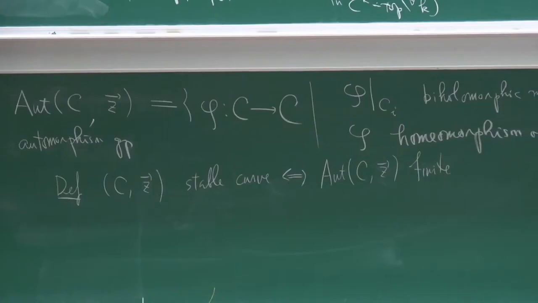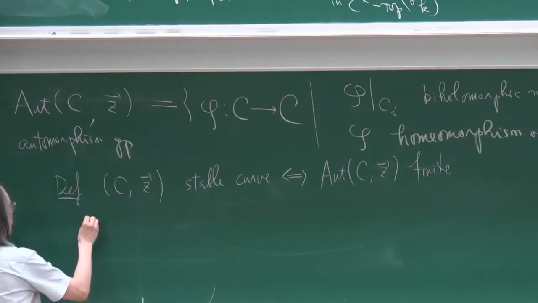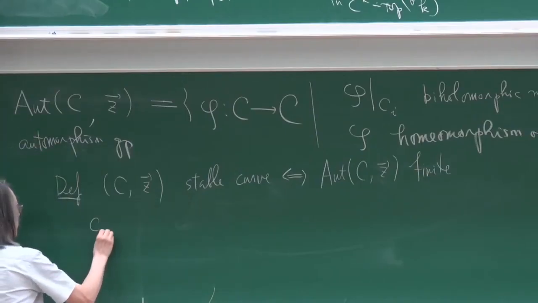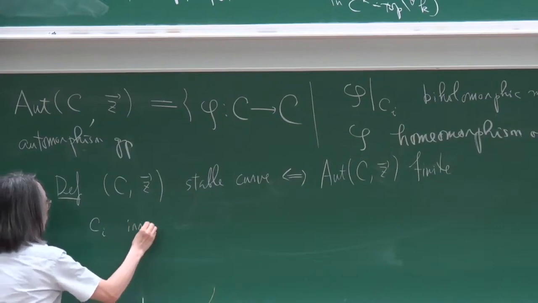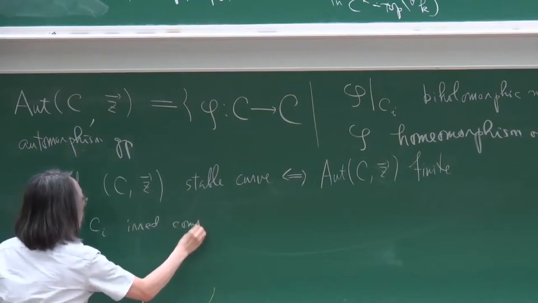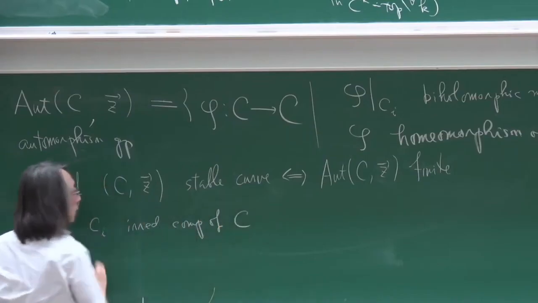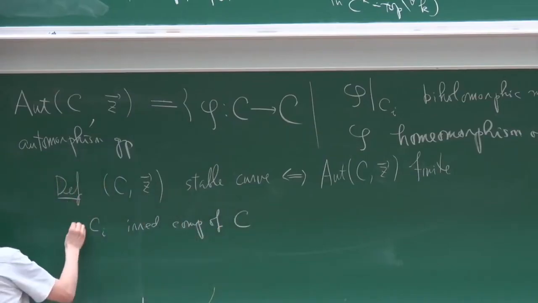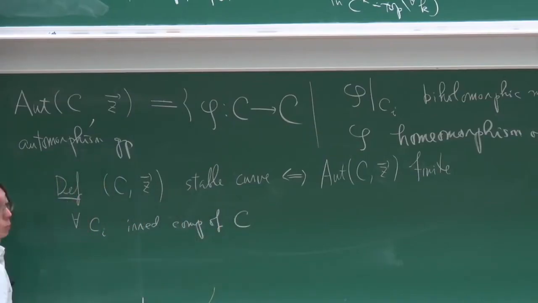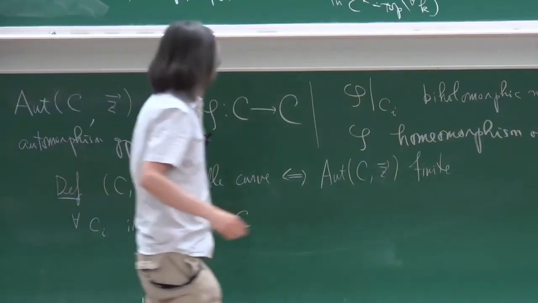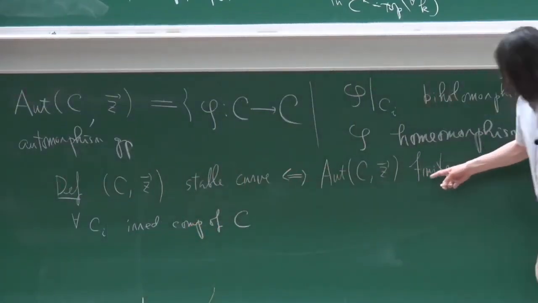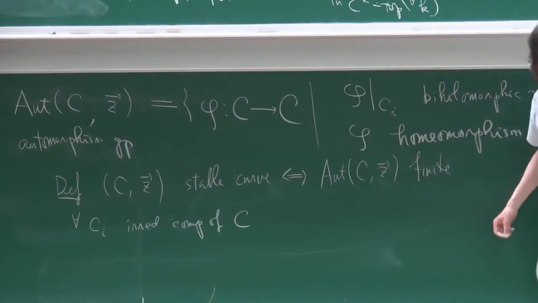If you look at each component, we can also say the following. Let Ci be an irreducible component of this C. For any irreducible component, we interpret this condition as follows.